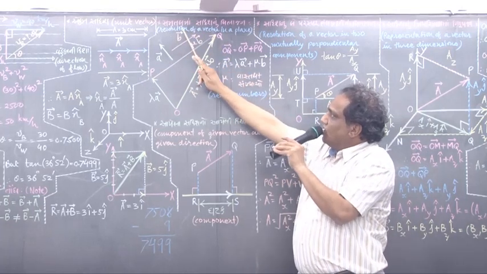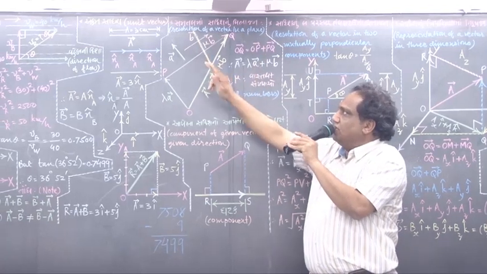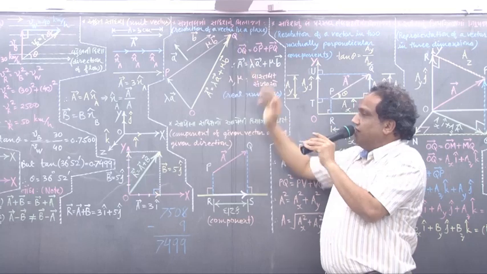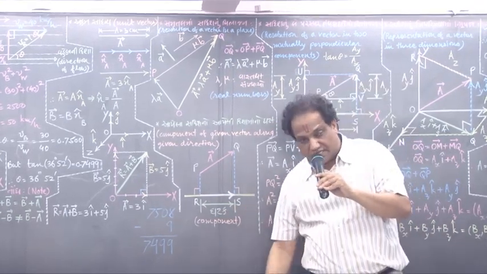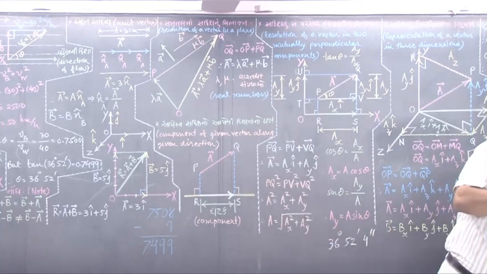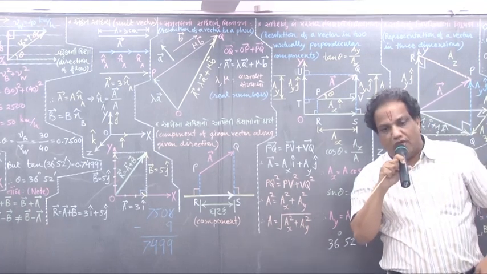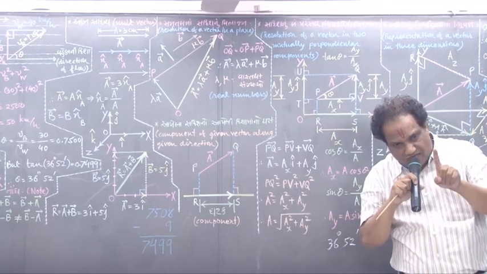Resolution of a vector in a plane. Not representation, resolution. What do you mean by that? In the method of triangle of vectors, what did you do? You added two vectors and ultimately you got only one vector.